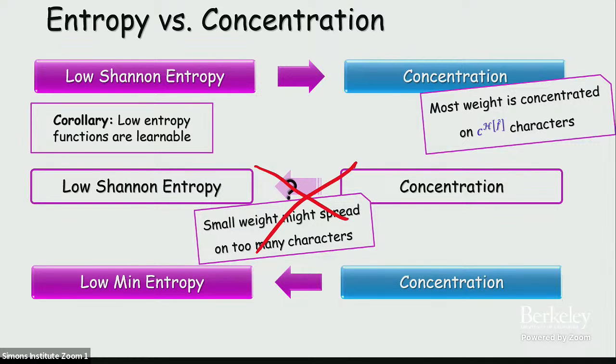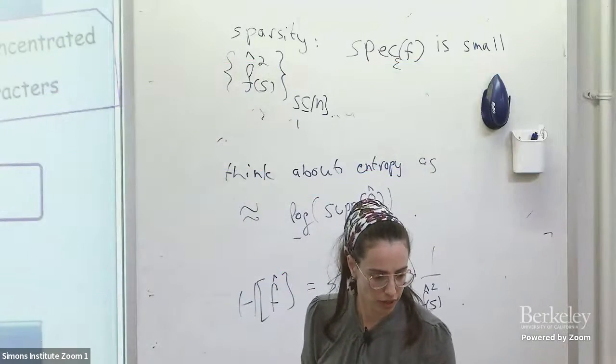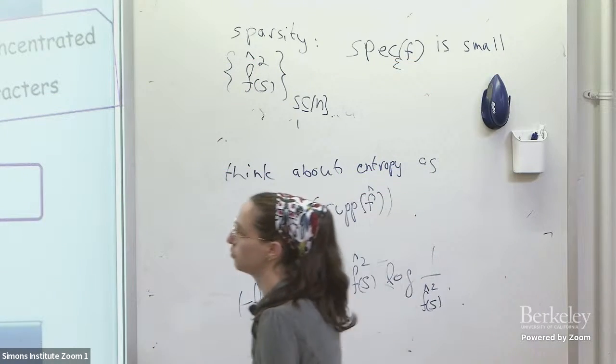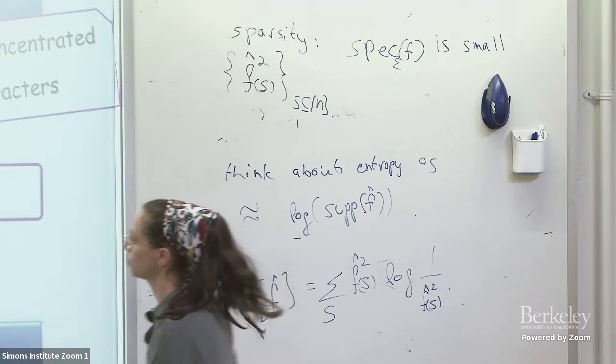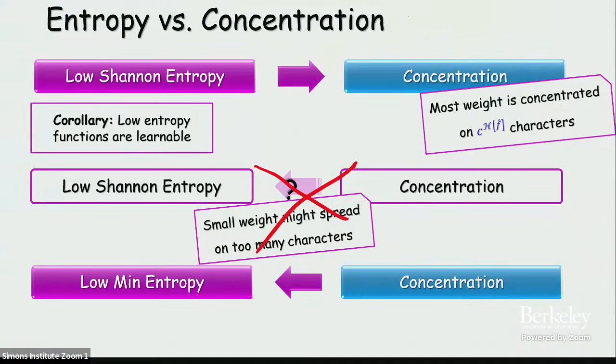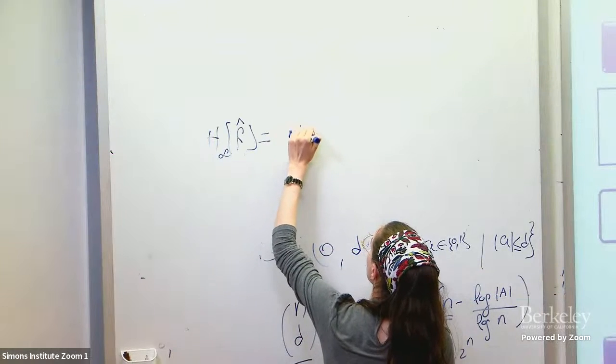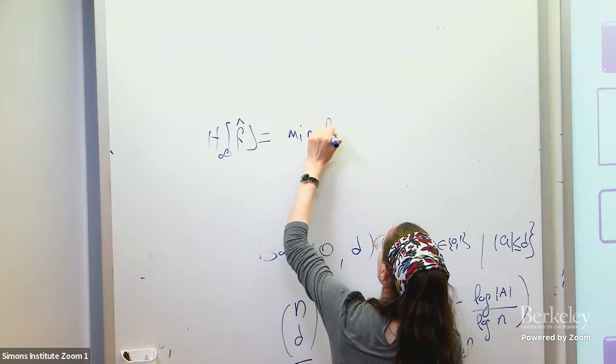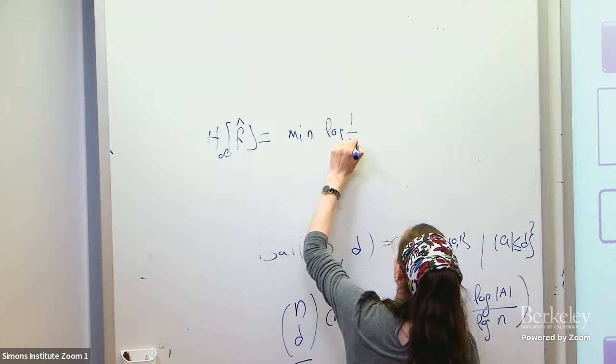There is a mean entropy, which is, let us define it. Mean entropy is exactly what you should think it is. Instead of taking the summation or the expectation, just the minimum over 1 over.